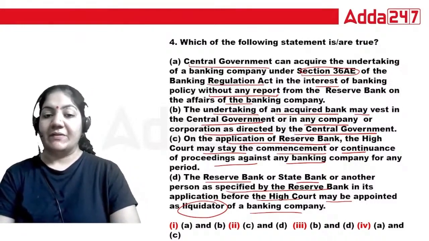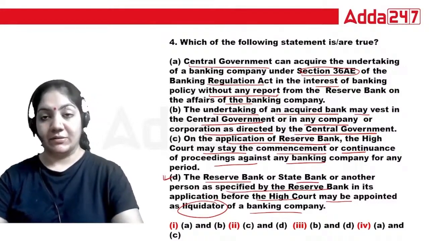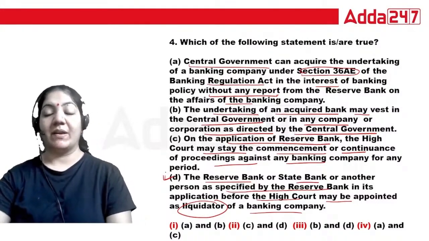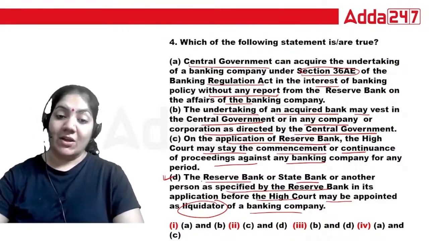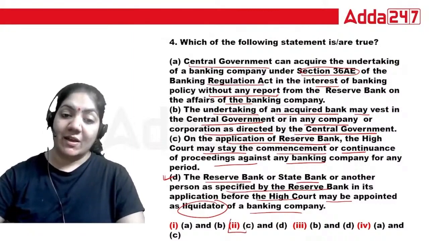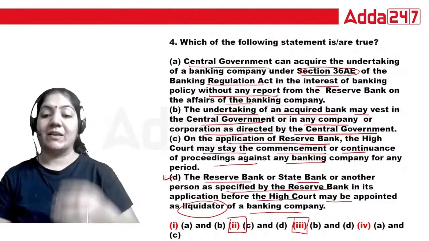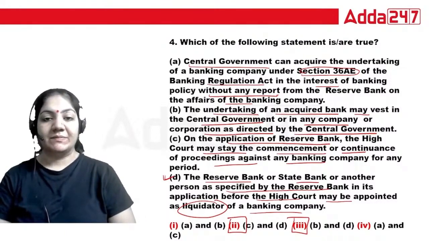See, class, we have just seen in the D part that sometimes when a banking company is going to be wound up, the Reserve Bank, the State Bank, and another person can be appointed as liquidator. So D is absolutely right. It means the answer can be from the second and third options.